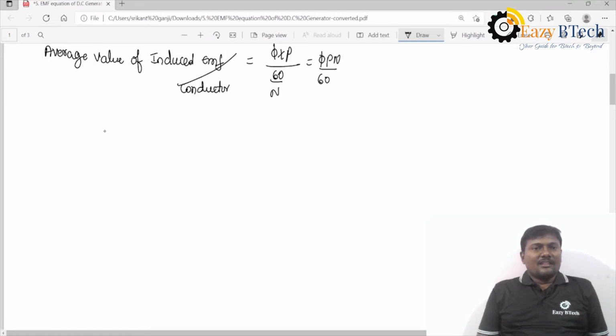The average value of induced EMF also depends upon the number of parallel paths.